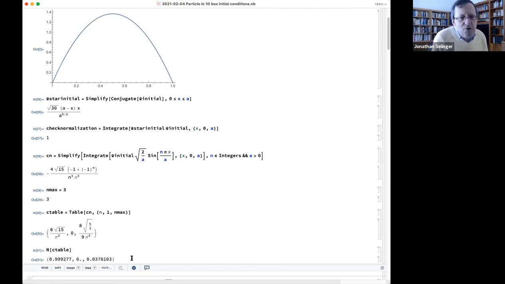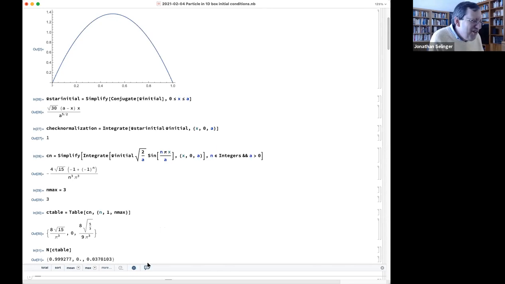It's 0.037. So that goes along with what I was showing you before, that the function, if you just look at it, looks like the first sine in our series. And so if you represent it as a sum of sines, the 0.999 tells you it's almost identical to the first sine, right?